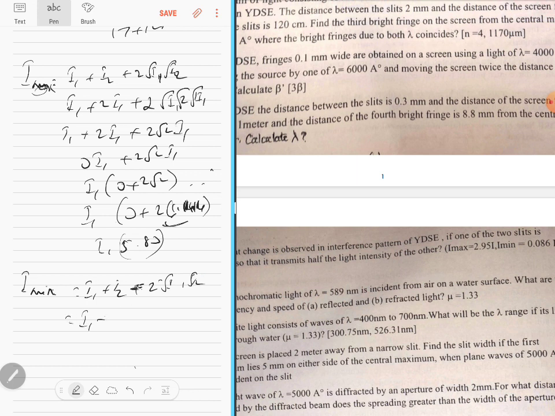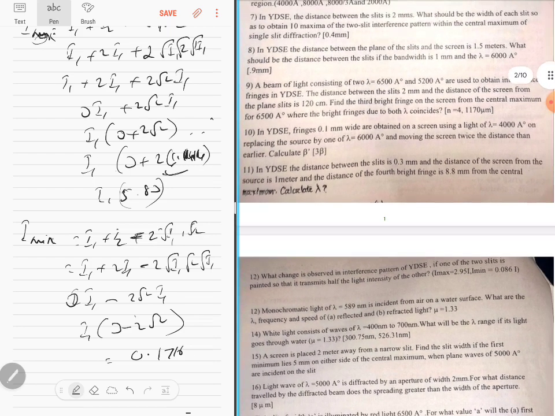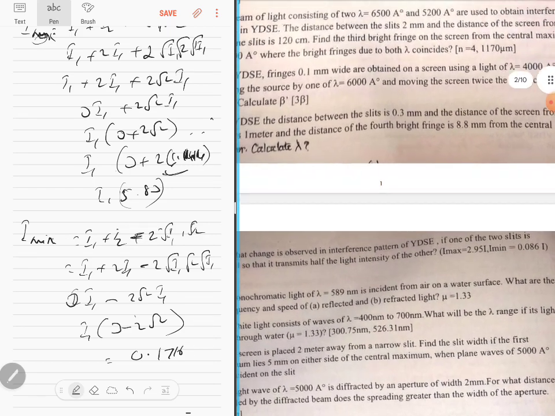So it's I1 plus 2 I1 minus 2 into root I1 into root 2 into root of I1. So it's 3 I1 minus 2 root 2 I1, so I1 into 3 minus 2 root 2. If you calculate this value, you'll end up getting 0.1716. Okay, so this was my understanding of the question, but I've not got the answer.